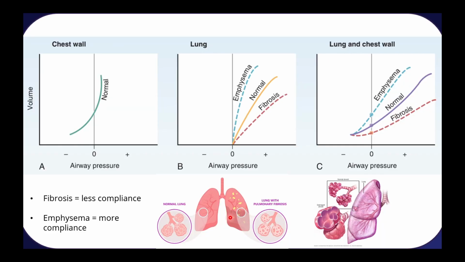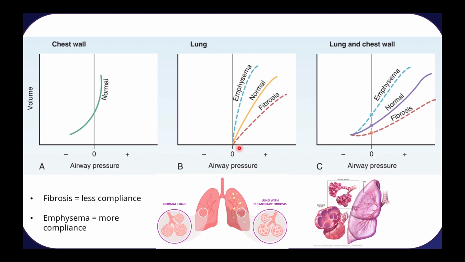Now, moving on to the last concept of our video today, it is the effect of different pathologies on the graph that we've just explained. The pathologies that we're going to go through today are emphysema and fibrosis, and they are pathologies of the lung, so they don't affect the graph of the chest wall in any way. They are exclusive to the lung. So let's start with fibrosis.